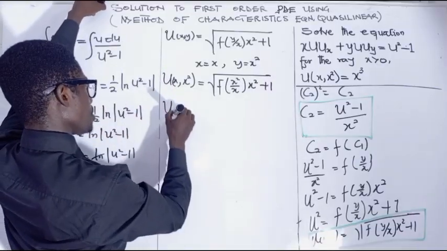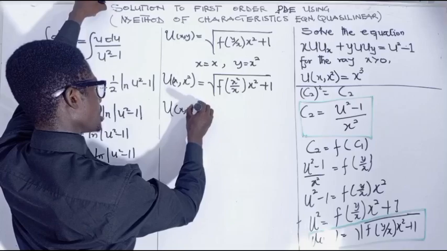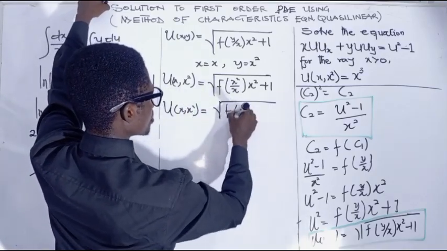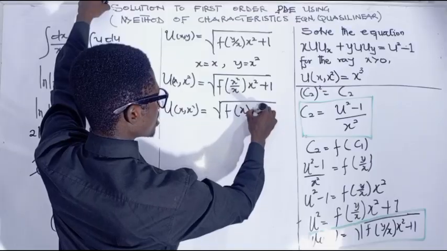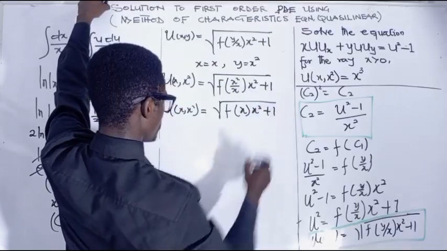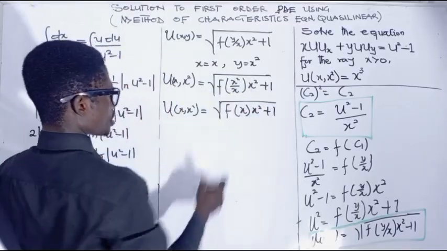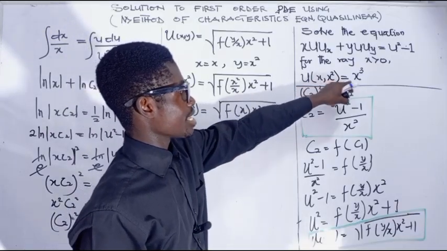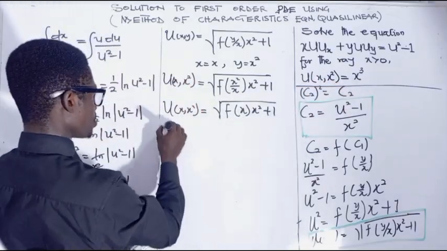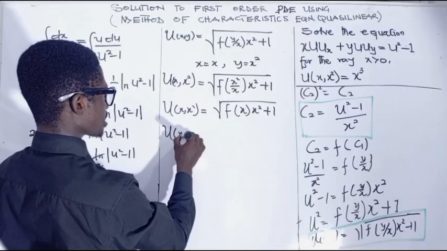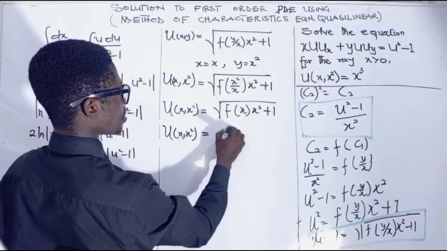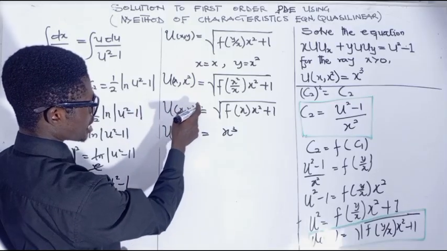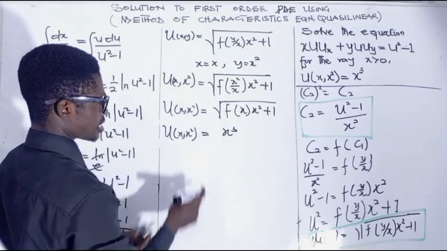So we have our u at x, x squared is equal to, this will give us x multiplying x squared plus 1. So we said that the initial condition u at x, x squared is equal to x cubed. So we are going to write it as u at x, x squared is equal to x cubed.